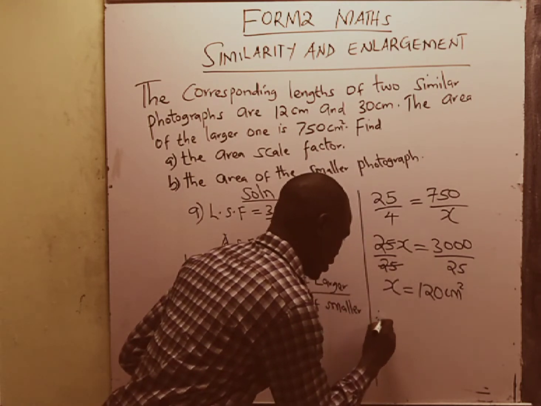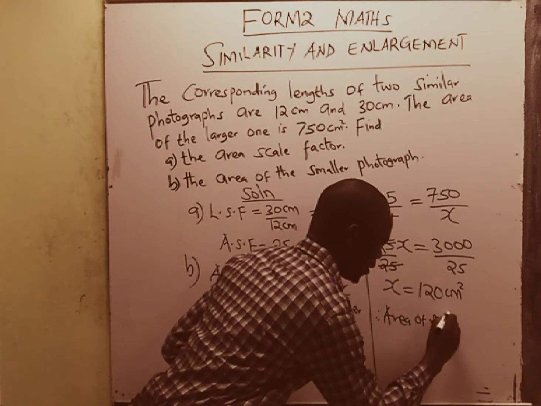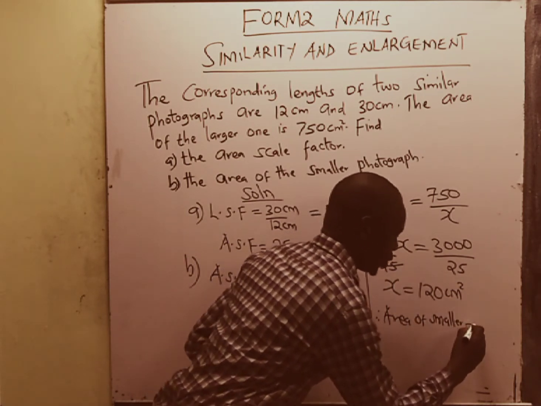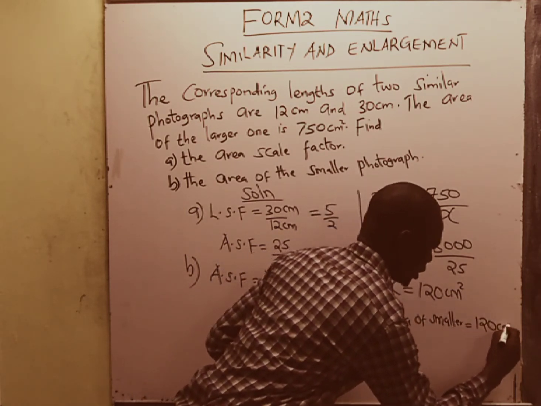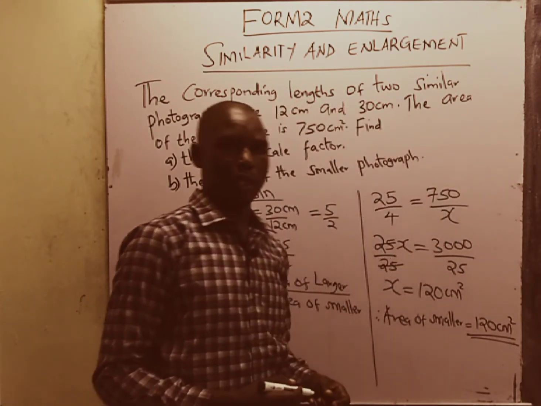Therefore, we can say the area of the smaller photograph will be equal to 120 centimeters square, and that is the answer to that question.